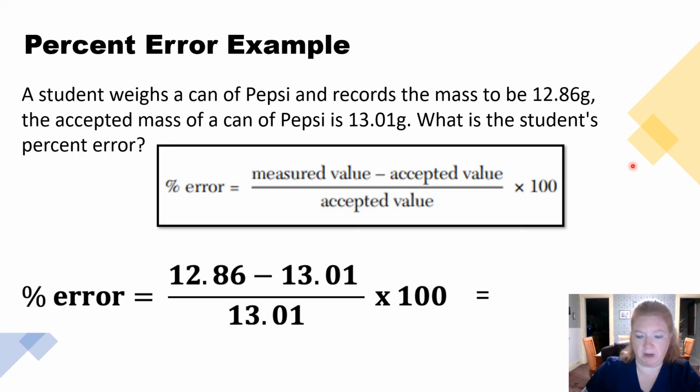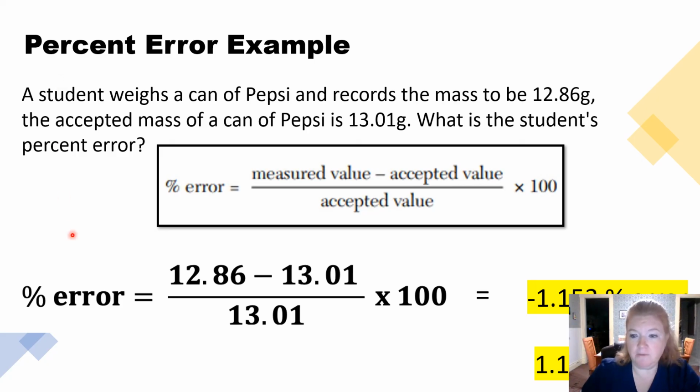Don't forget this part. Okay, so my answer is going to be negative 1.153%, or for our purposes, we can write it as a positive number. We can think of the absolute value. So it would be 1.153%.